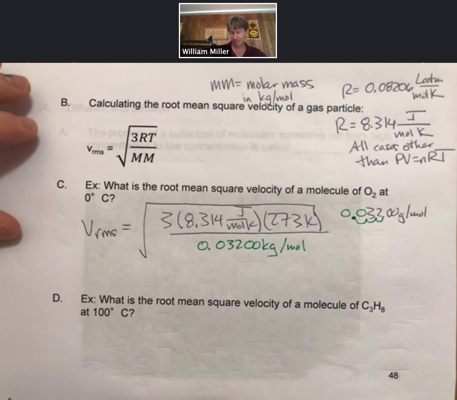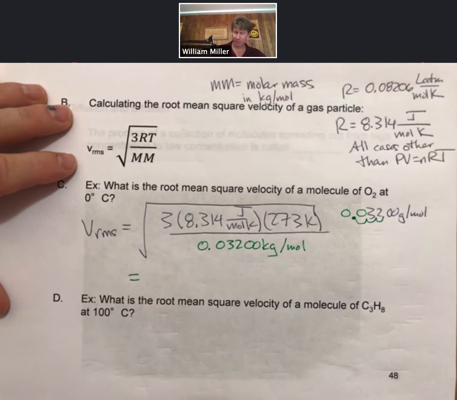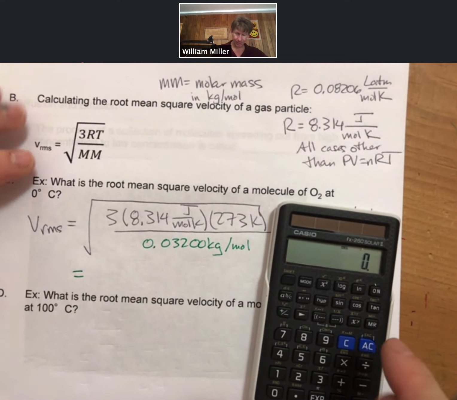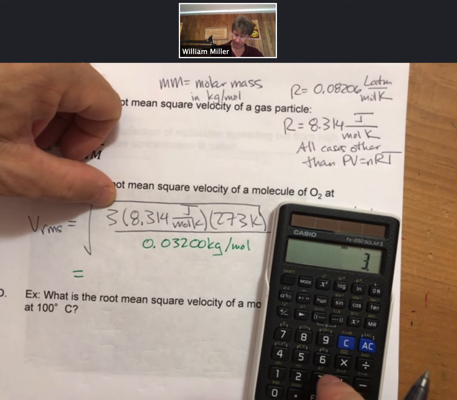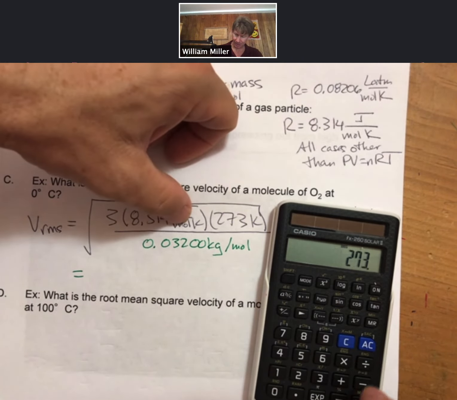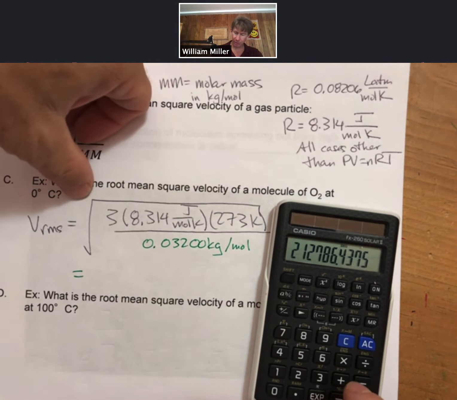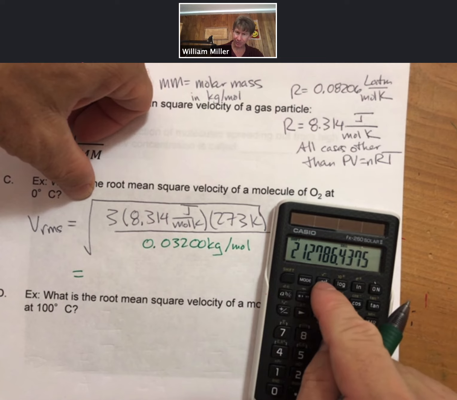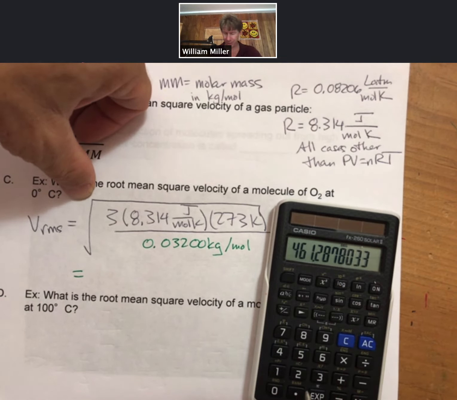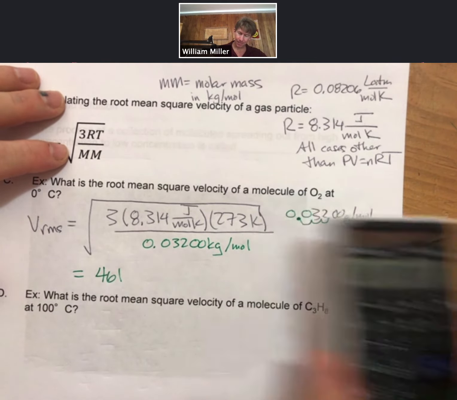And what we get here, if we multiply it out, is 3 times 8.314 times 273 divided by 0.032, and then take the square root of the whole thing. I get 461 for my number.